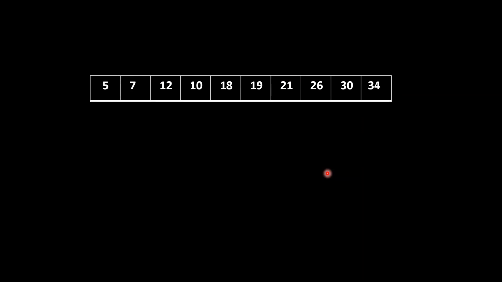Then in pass 3, the gap is n by 8, which is the previous gap divided by 2, which is 2 by 2, which is 1. So in pass 3, the gap is 1, and all the elements will be compared to each other. We observe that all the elements are sorted, only 12 and 10 are not. Only these positions need to be swapped, so 10 would be swapped with 12.